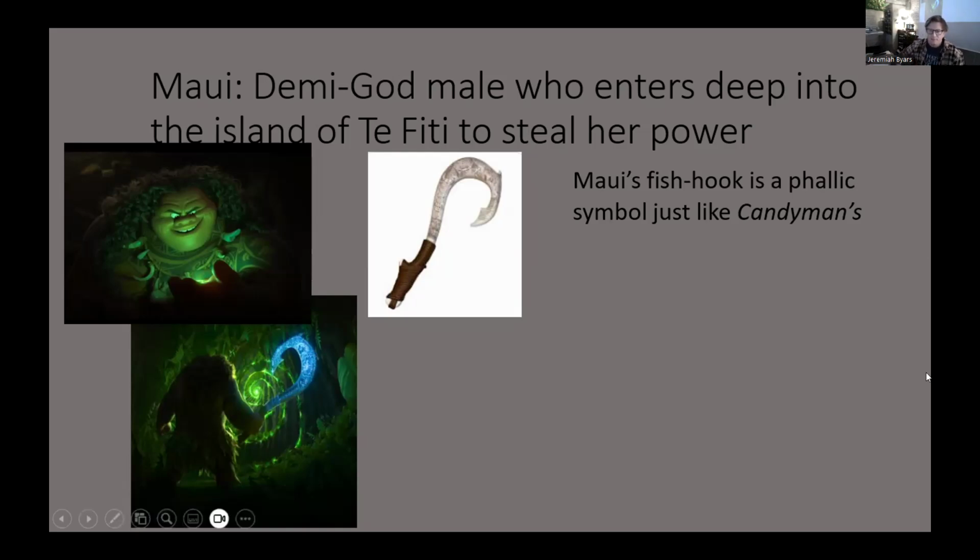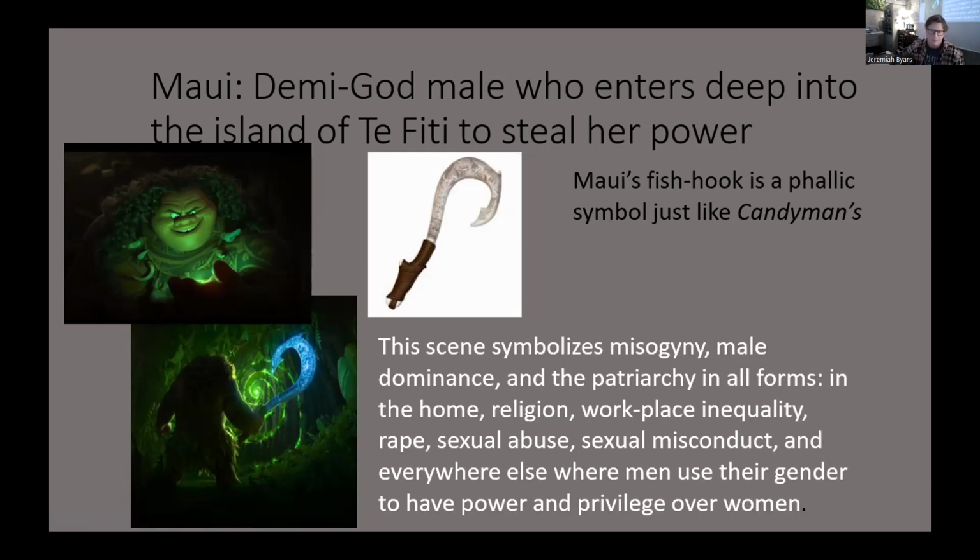It's similar to Candyman, how Candyman also has a hook. This scene of Maui sneaking his way deceitfully, getting deep into Te Fiti to steal her power, symbolizes misogyny, if you're applying the feminist lens of interpretation.